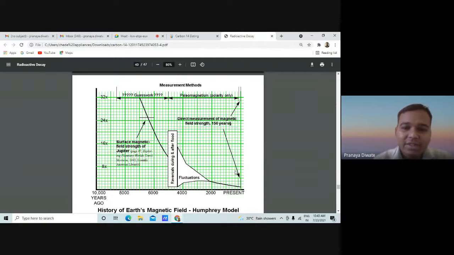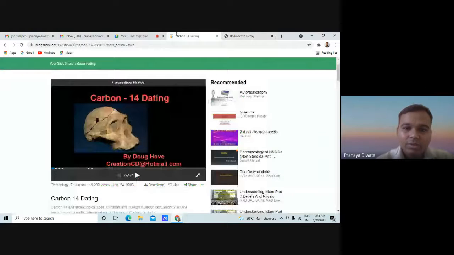When you have this nitrogen 14 and C14, you know the exact time frame required to convert carbon 14 into nitrogen 14.